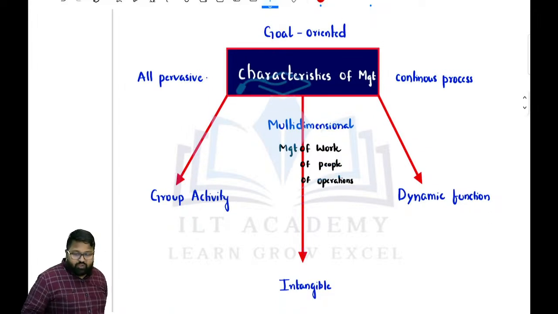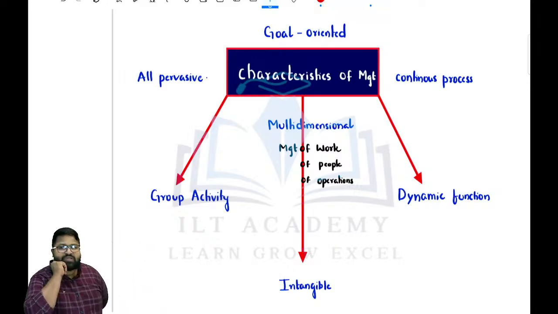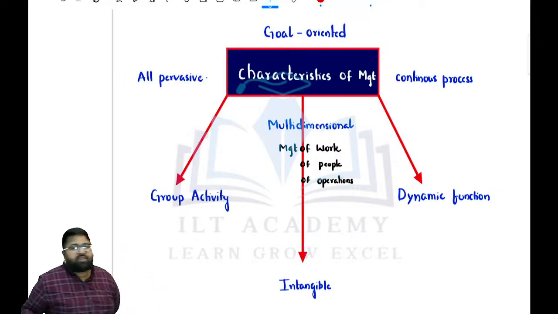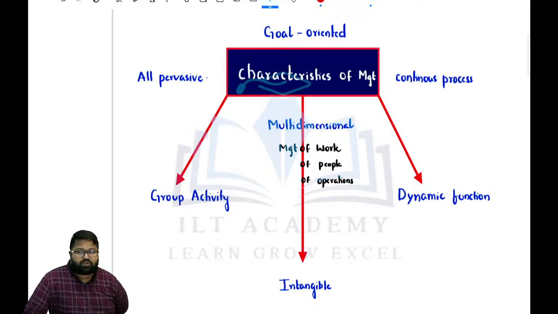Okay, so take down the heading. As you have written notes, go with the topics which are important. I'm giving a summary of these parts, so take down the notes. Keep the heading characteristics of management.